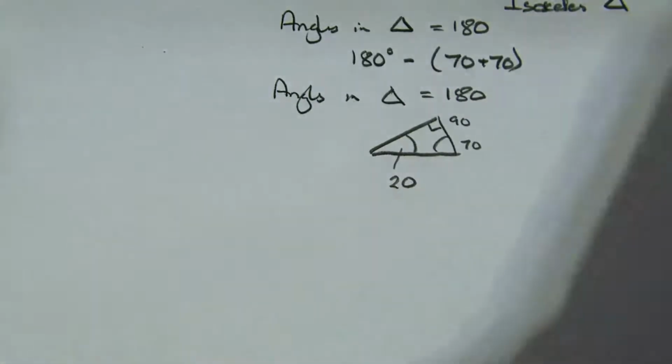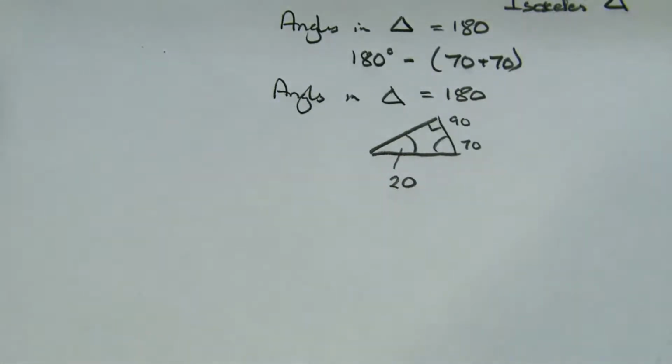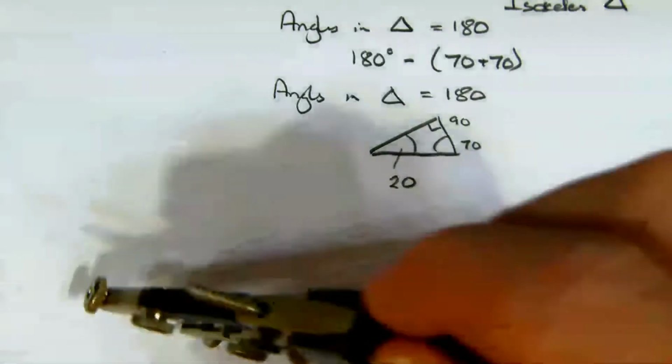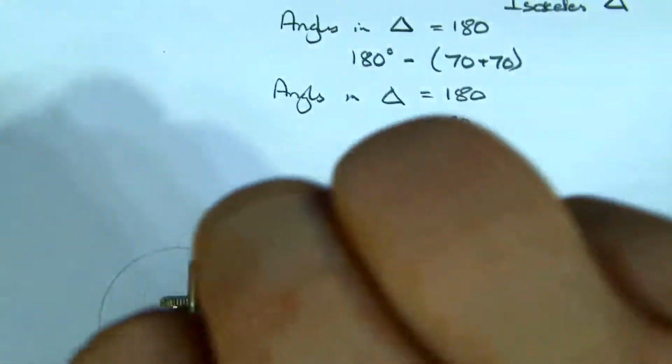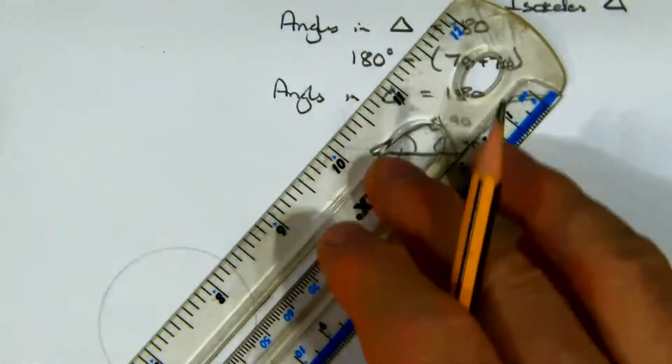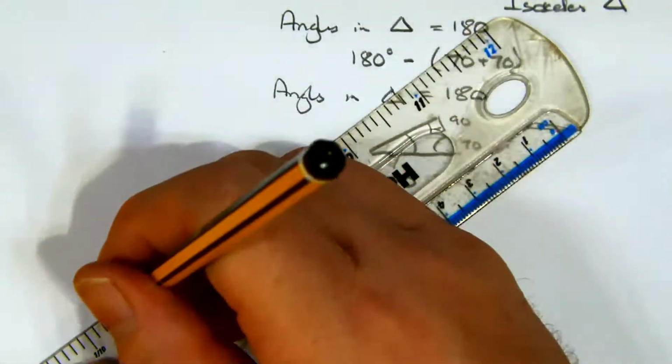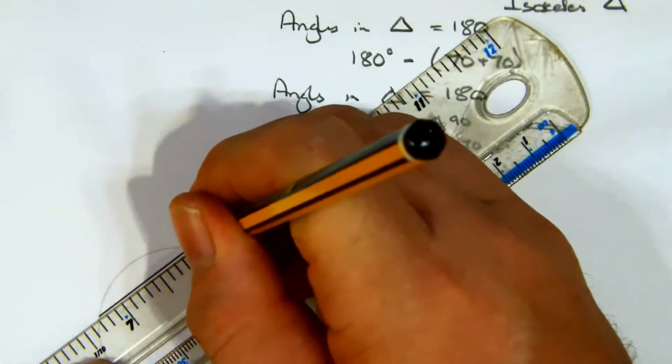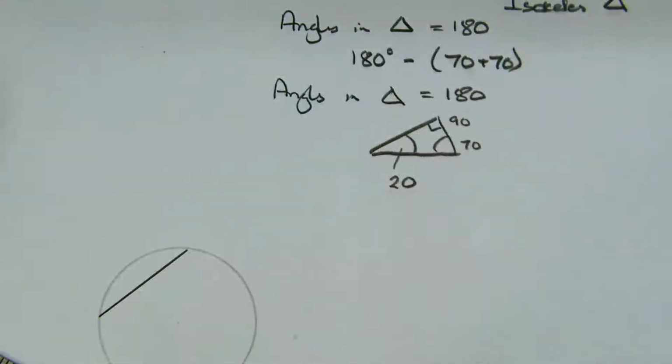I'll just see if we can make up a nasty little question. And one of my other favourites that come out is this one. I've got a cyclic quadrilateral. Let's just draw in my cyclic quadrilateral.